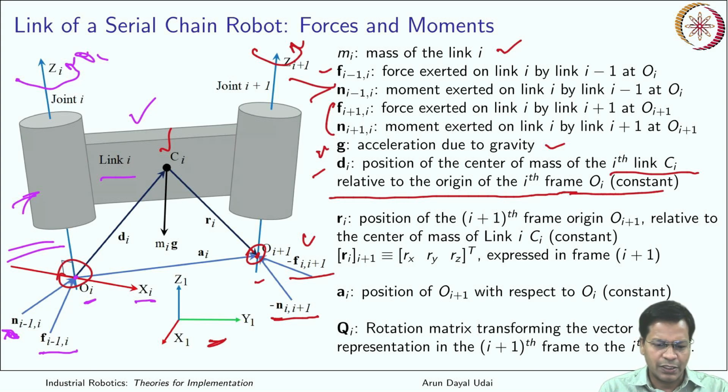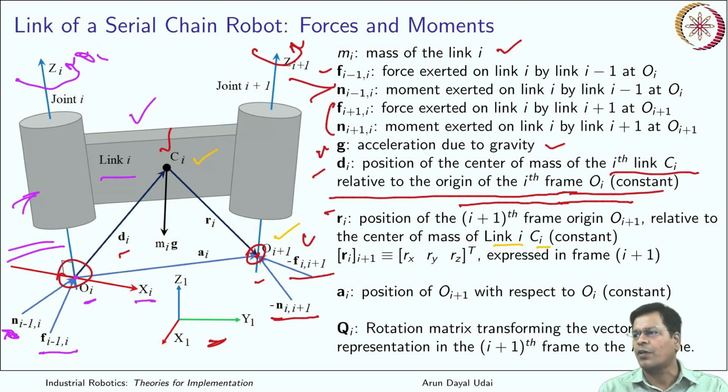Okay, and similar is your Ri, position of the i+1th frame, origin Oi+1, that is this one, from Ci, relative to the center of mass of the link i, that is Ci location. Again it is constant because the structure is no more changing once it is assembled. So this is also constant.